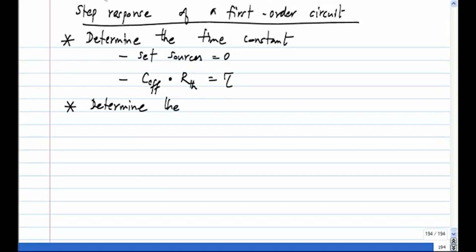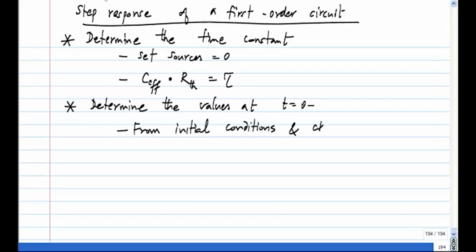And then you determine values at t equals 0 minus. This is from initial conditions, okay, and some regular circuit analysis.